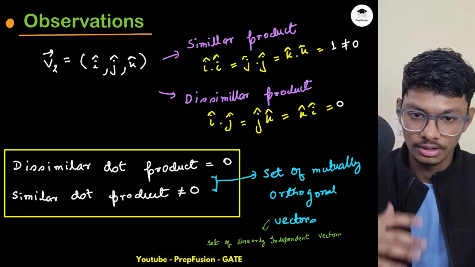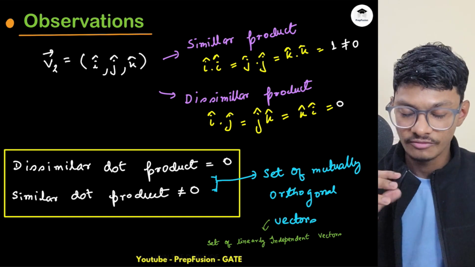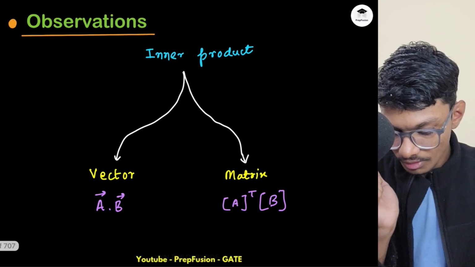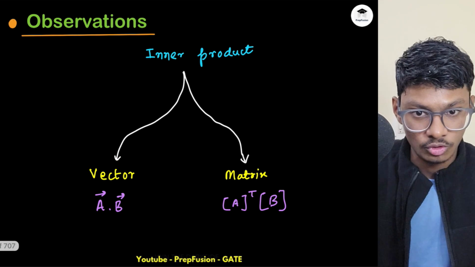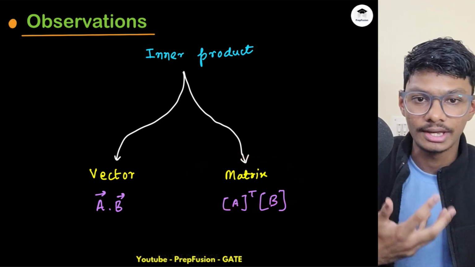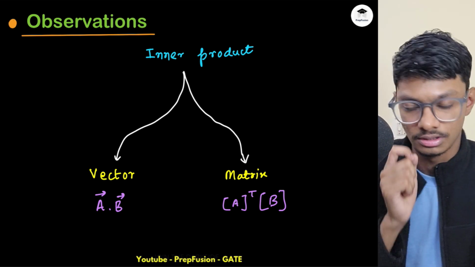Okay, so this is what orthogonal means. So basis vectors are basically a set of mutually orthogonal vectors. The inner product is known as A dot B, but I was talking about vectors. Now for matrices we have already done this during the orthogonal vectors topic, but I am explaining again.